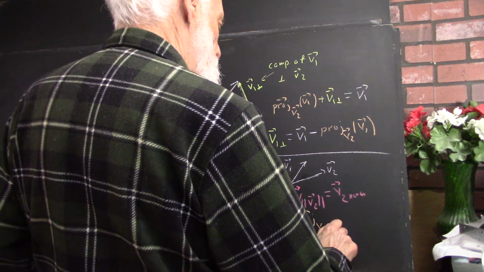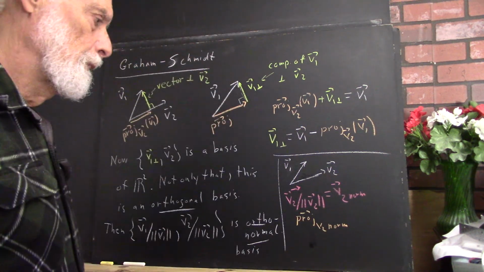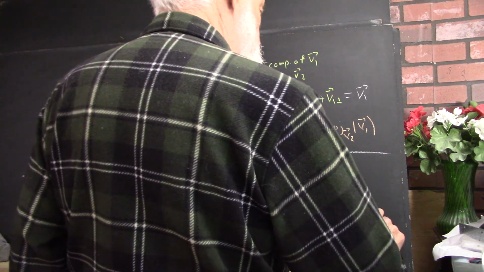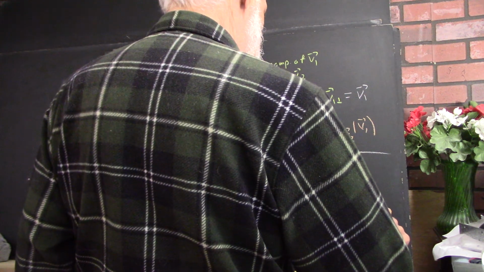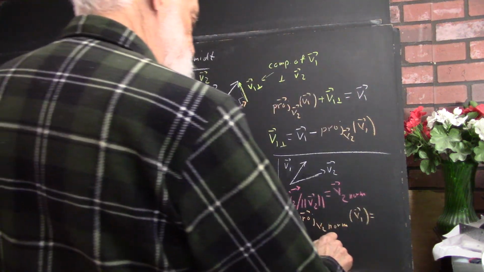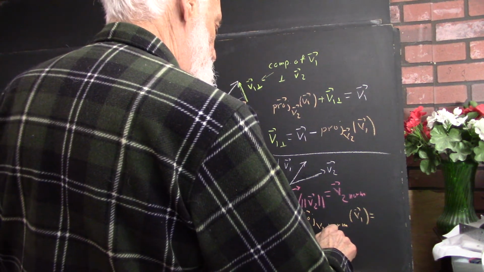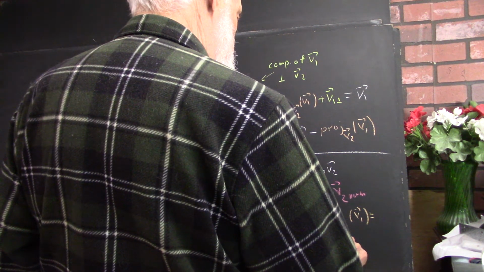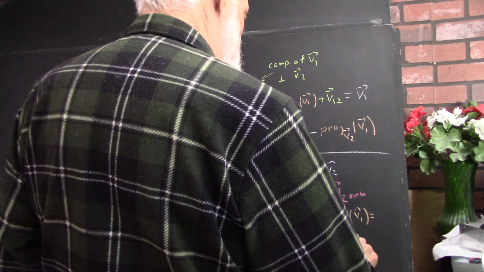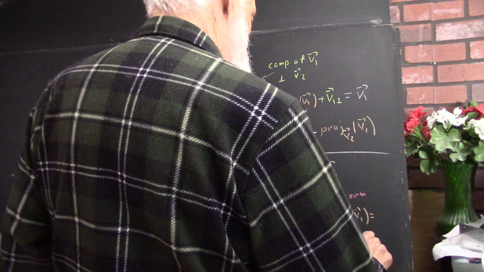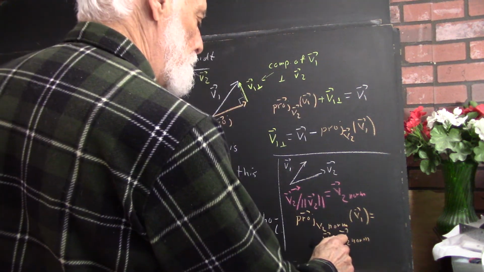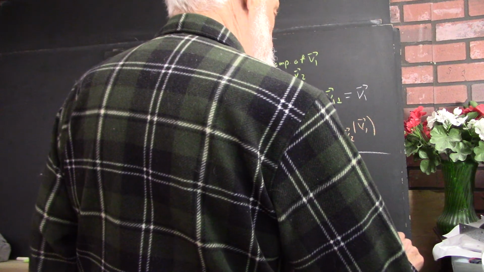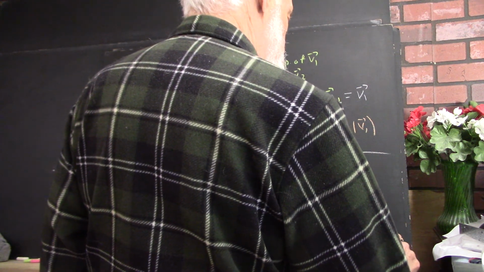Okay, so now your projection onto v2 norm of v1 equals just v1 dot the normalized v2, multiplied by the normalized v2.